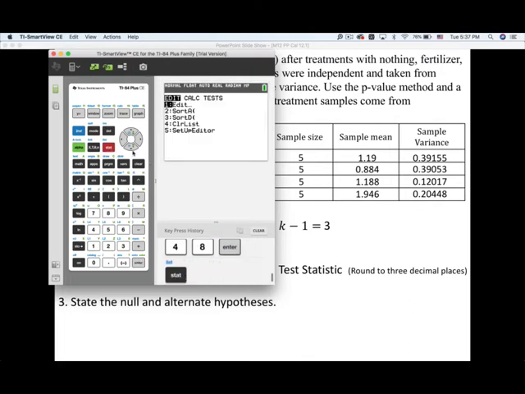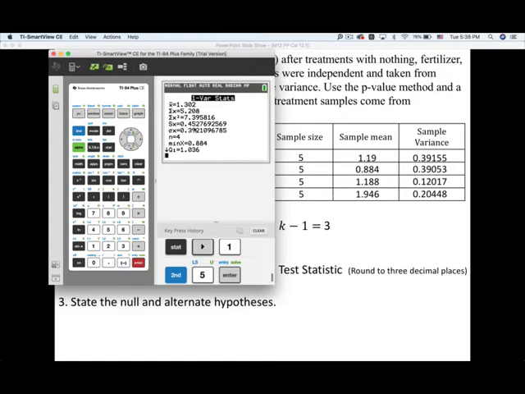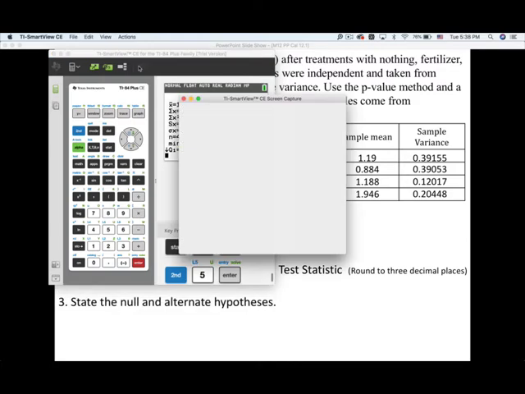Okay, go to the stat, cal, number 1, L5, enter. So find the variance of the sample mean. We're gonna take square of the sample standard deviation.